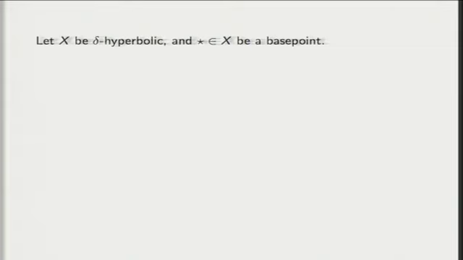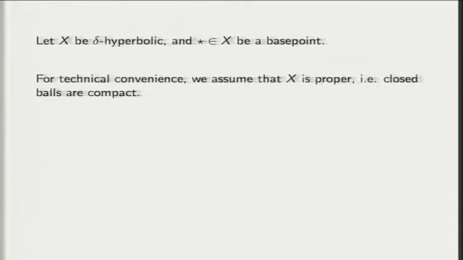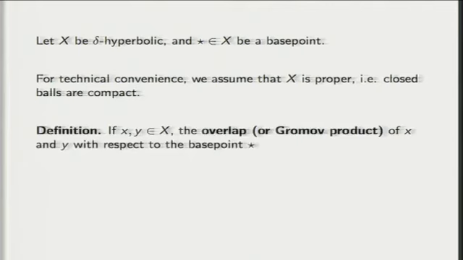Okay, so now I want to talk about the boundary. Of course, in the case of classical hyperbolic space with the Poincare ball model, the sphere at infinity played a central role. So we want to substitute for that in the setting of hyperbolic spaces. To define this, I'll need a few definitions here.